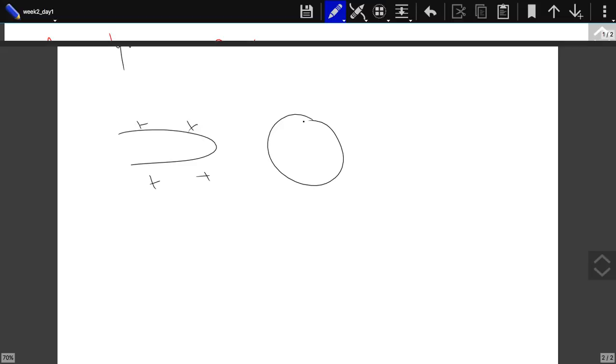But if we put another conducting sphere, without this second conducting sphere, this side would have been positive. But then if we bring another conducting sphere, those positive charges will attract the negative charges from this sphere.